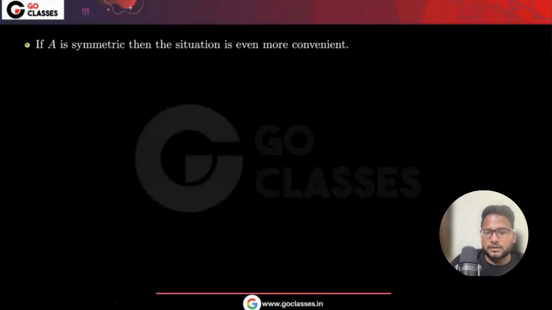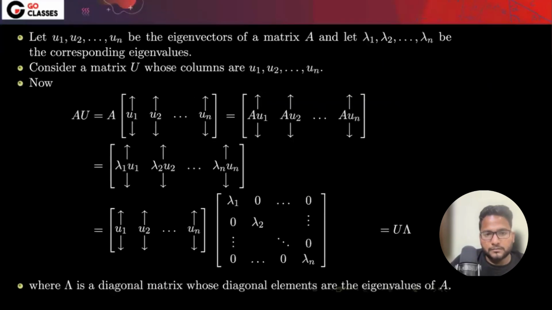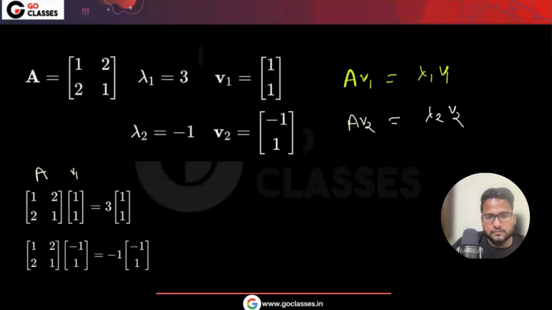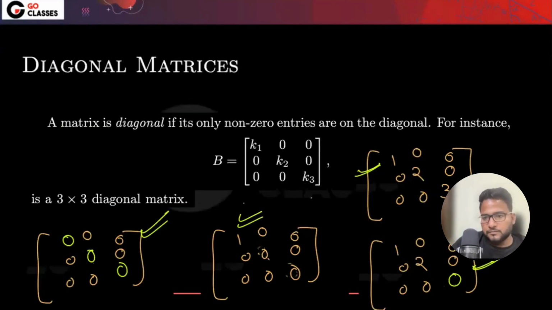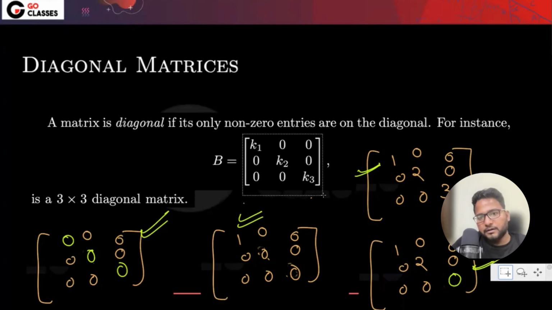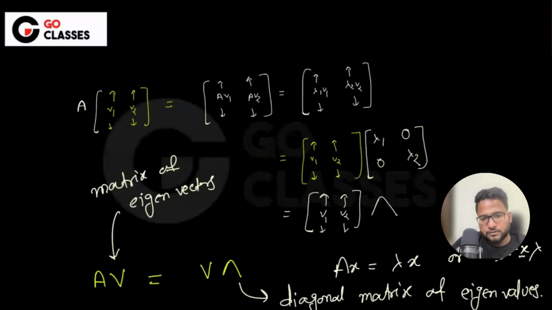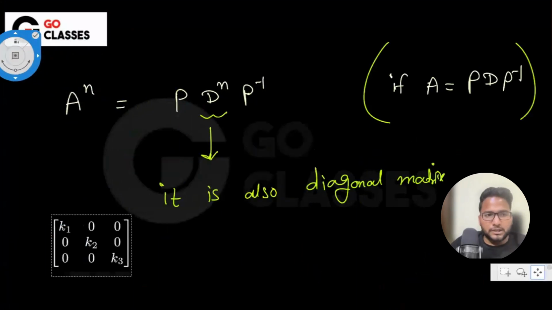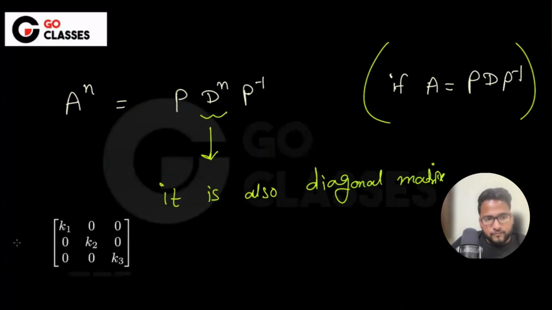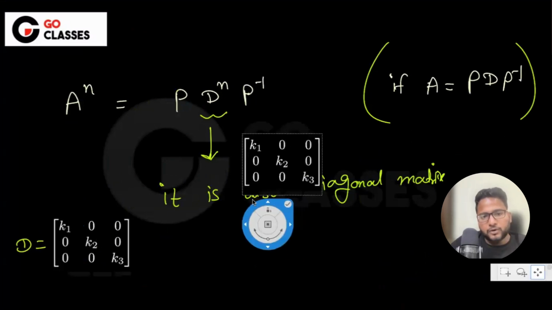which means, for example, let's suppose this is some diagonal matrix. Let's suppose this is D. Then what will D square be?